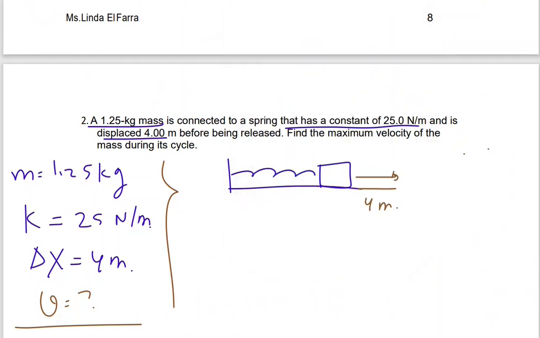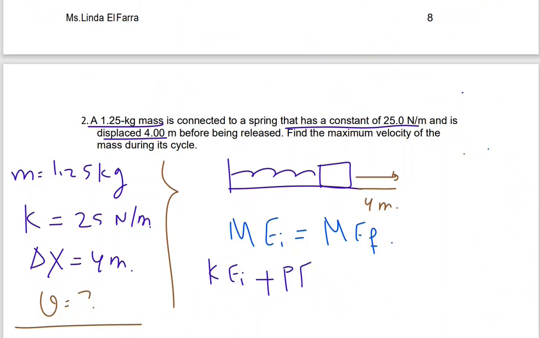Mechanical energy initial equals mechanical energy final. Since we stretch the spring, we stored elastic potential energy, so the initial energy is elastic potential energy. Let's write the formula first: kinetic energy initial plus potential energy initial equals kinetic energy final plus potential energy final.